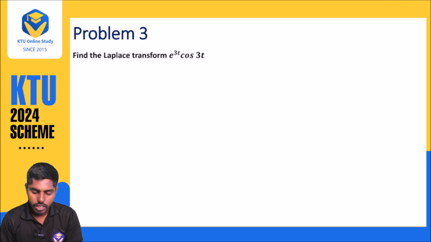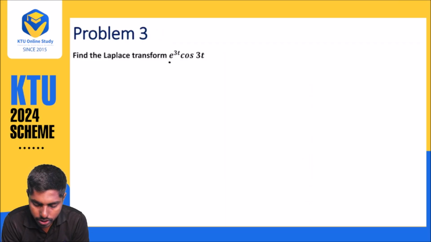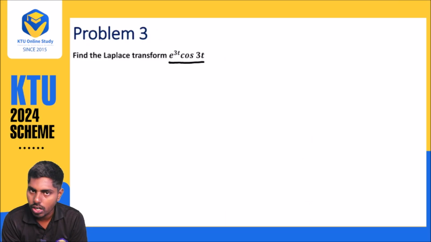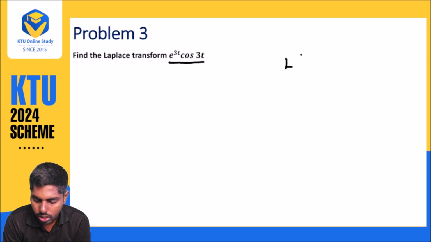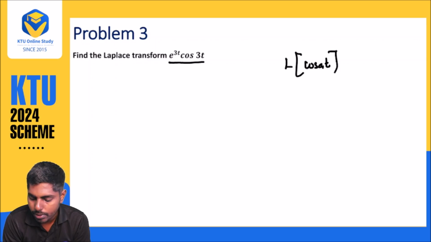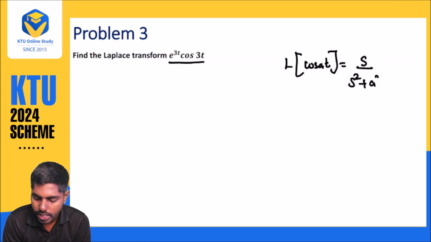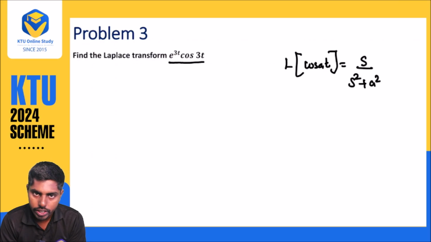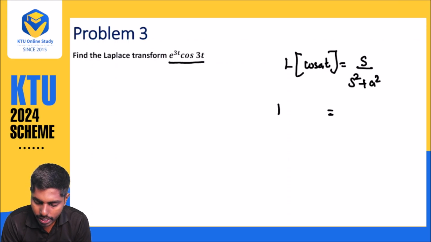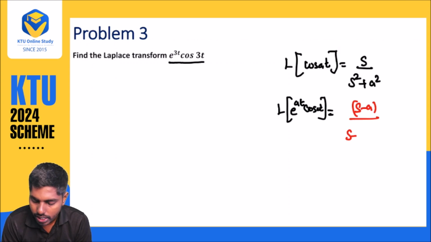So problem number 3. If you observe, e is in multiple of cos 3t. We know about Laplace of cos at. What is Laplace of cos at? That is nothing but x divided by x square plus a square. So here it is in product with e^(3t). That means the formula is Laplace of e^(at) cos at is x minus a divided by (x minus a) the whole square plus a square.